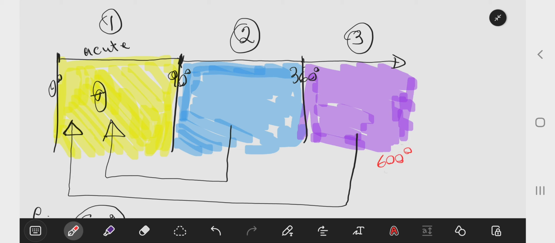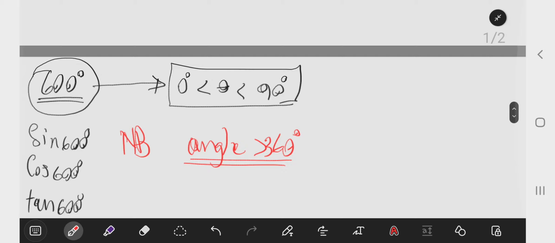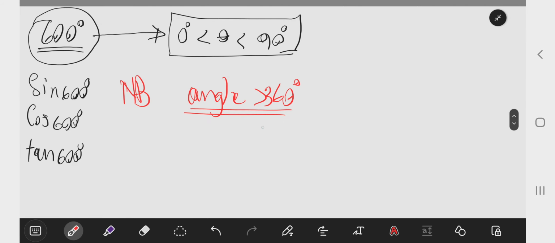You can reduce this angle and find that it falls under the second region, or you can reduce it and find that it falls in the first region, which is where we want our angles to be. So now, the general rule is that if an angle is greater than 360, for you to reduce that angle, you just have to subtract 360.